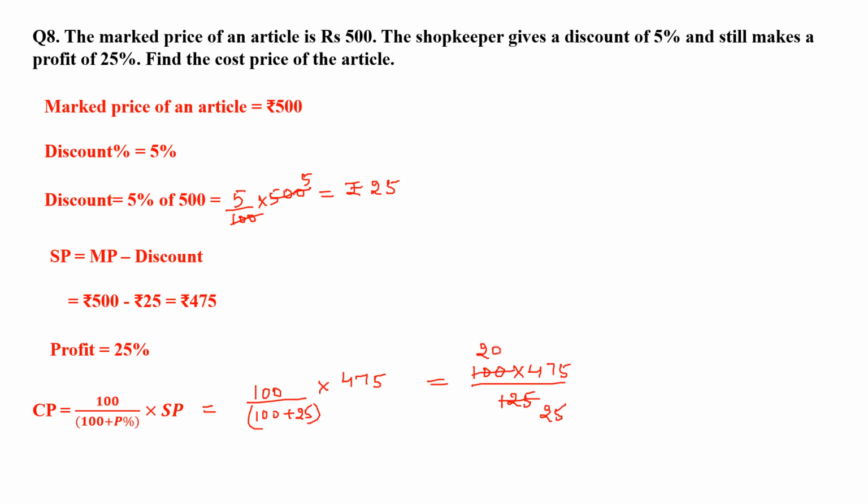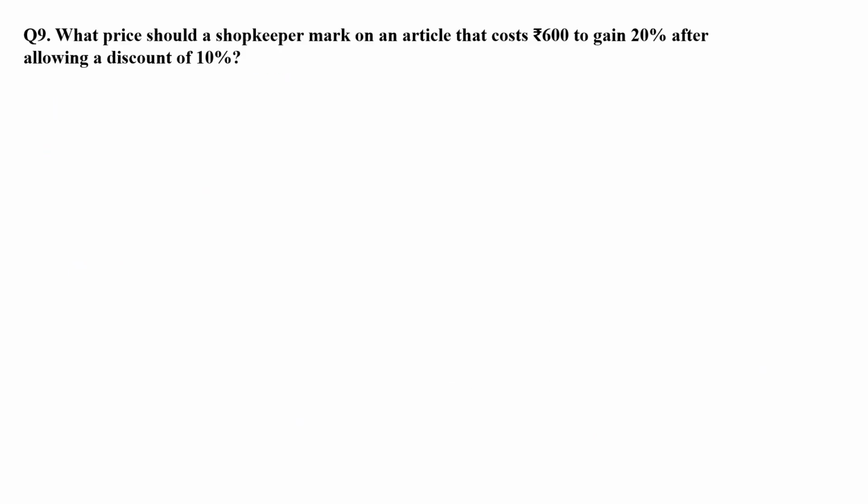Okay. Now again 5 times 5, and I'm going to reduce this. So 5 nines are 45, and then here 5 will come. Again 5 table. 5 times 19. So your cost price is 20 into 19, which will give you 380 rupees. So the cost price of the article is 380.